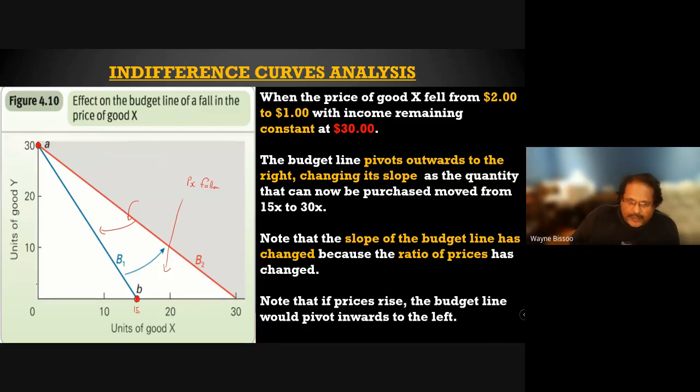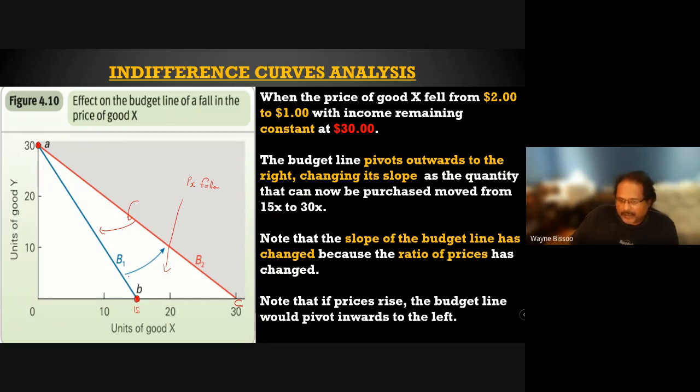Before, it was the region OAB, and now, we should give this point a new name. Let's call that C here. The new area is now region OAC. So it's a larger triangle.